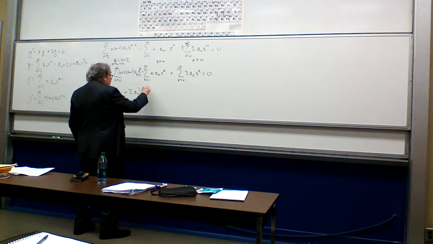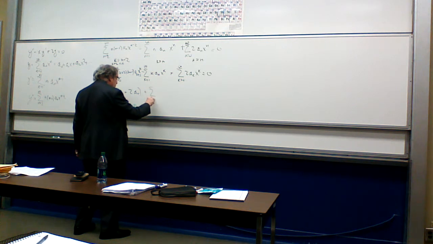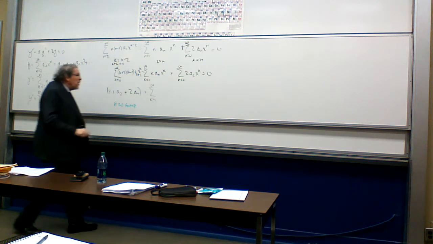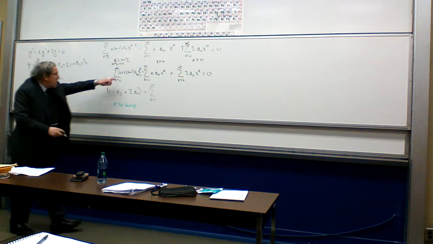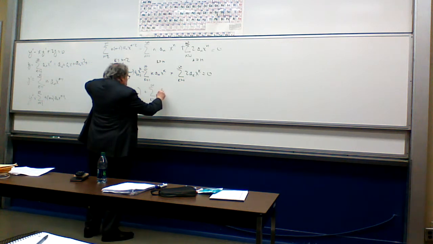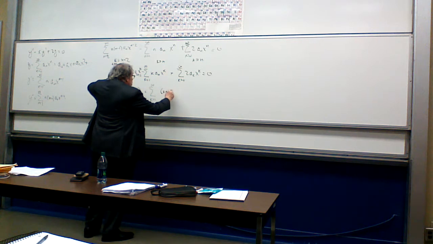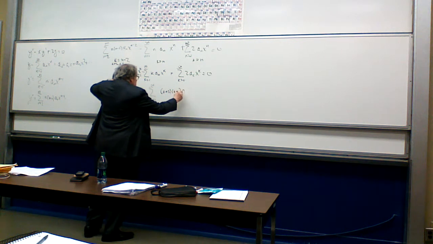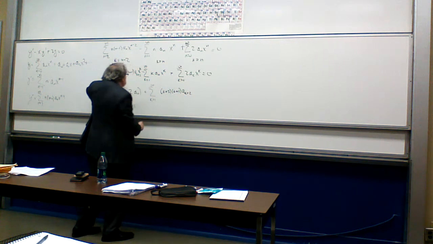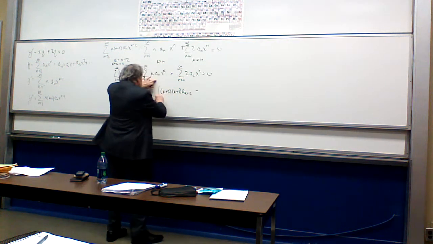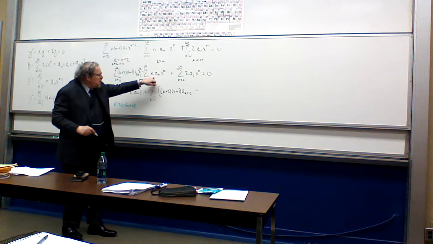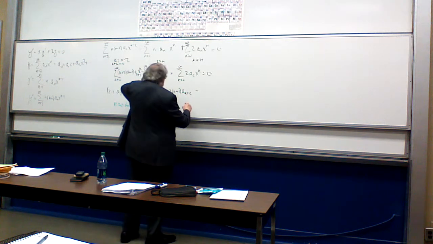And then everything from k equal 1 on has something times x to the k. The first one has (k+2)(k+1) a sub k+2. The next one has a negative k times a sub k.